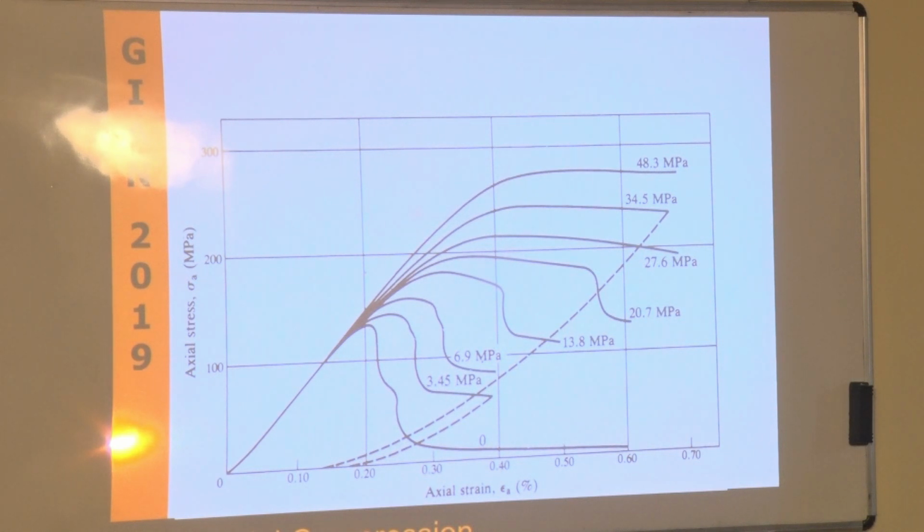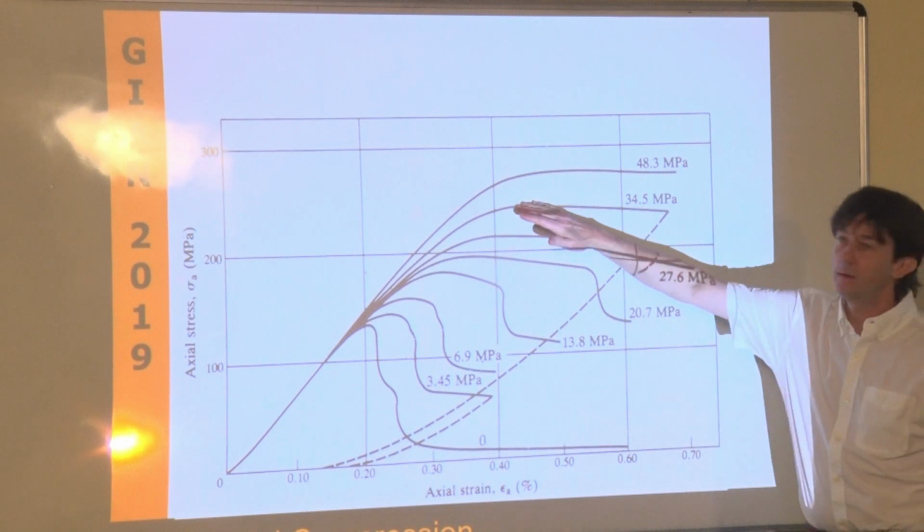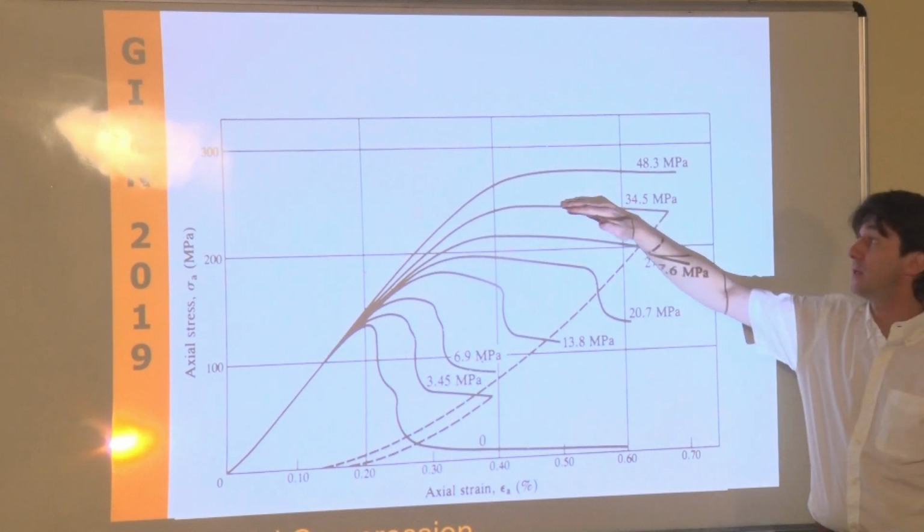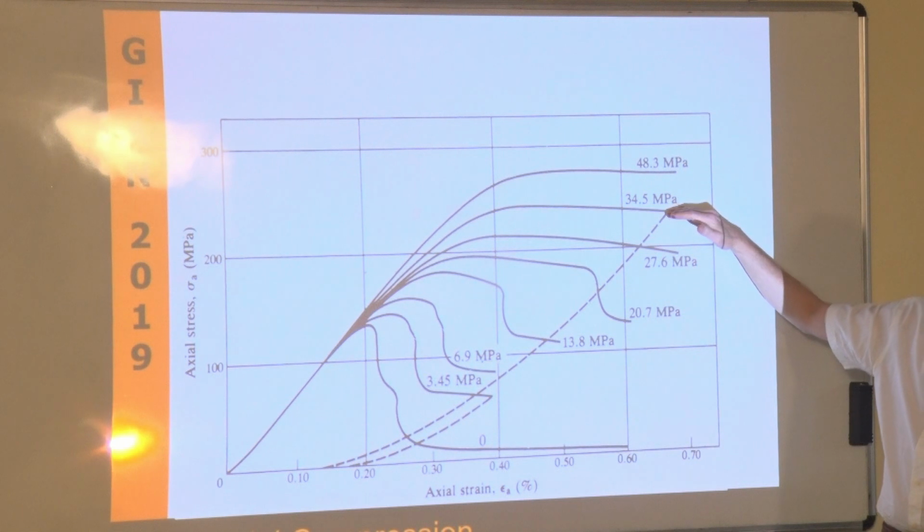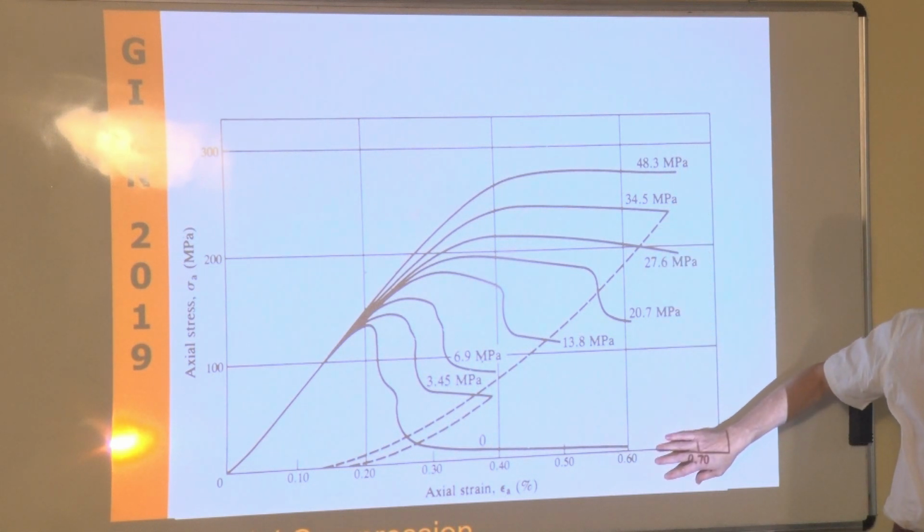In other words, the rock will break, but if confinement is there, it applies some normal stress on the failure plane, and that creates friction, which appears as a constant stress necessary to produce additional strain in your sample.